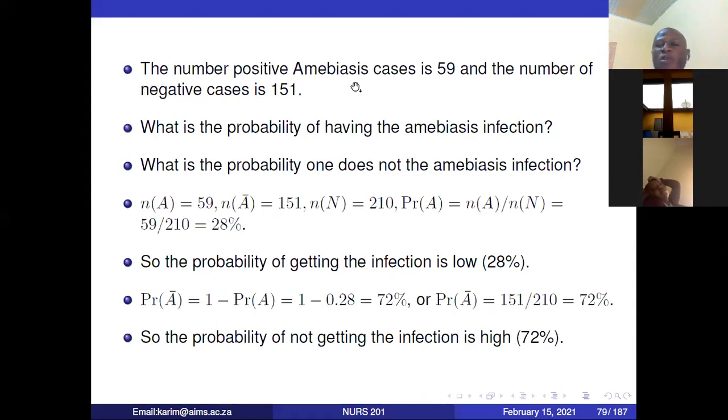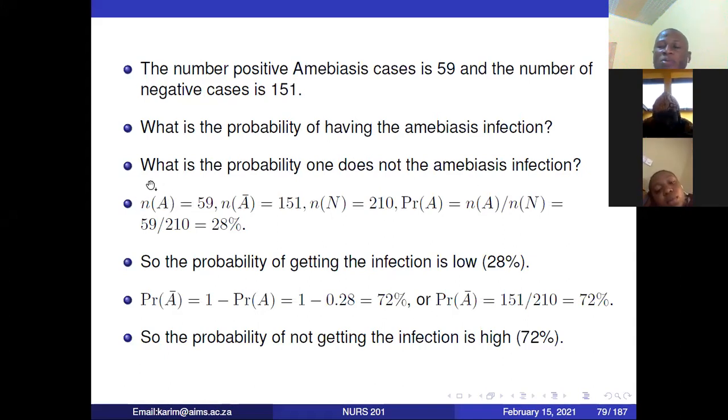We have the number of positive amoebiasis infections to be 59, and the number of negative infections is 151. We want to find the probability of having the infection, and also the probability that one does not have the infection. From the information given, I'm using A to represent the event that you have an infection.